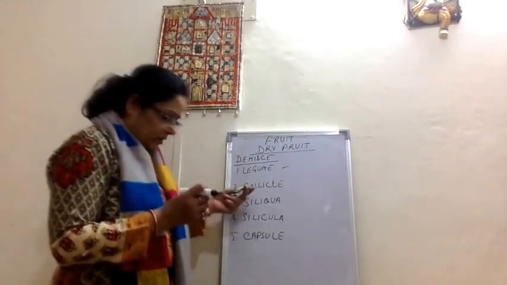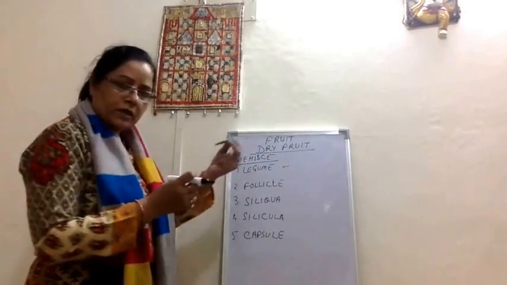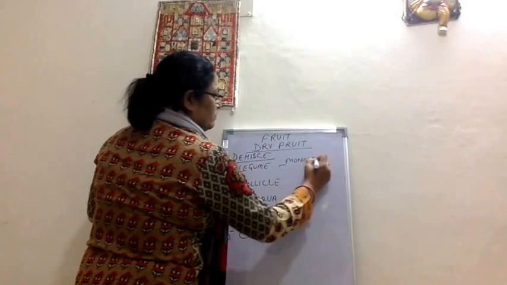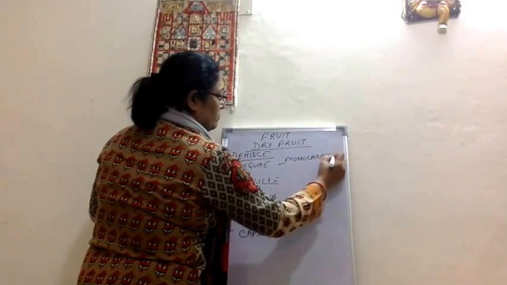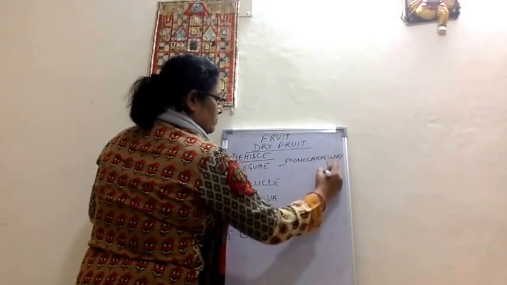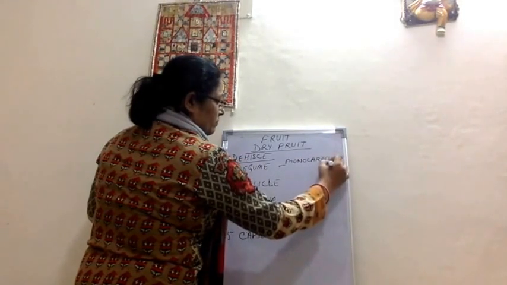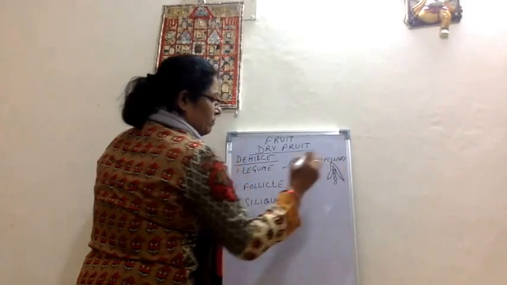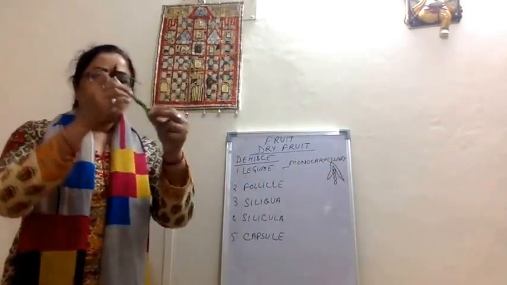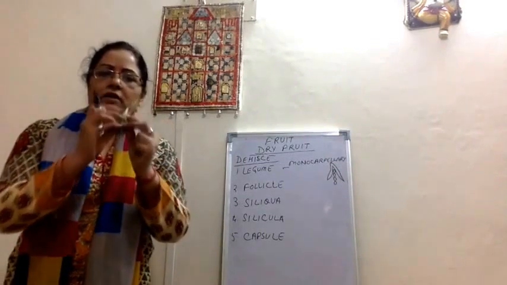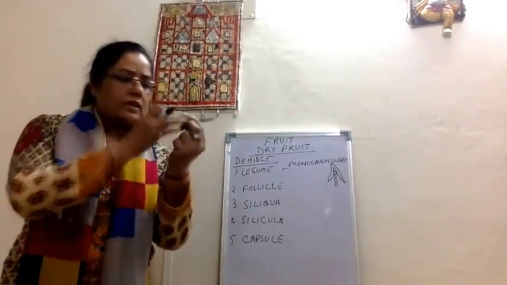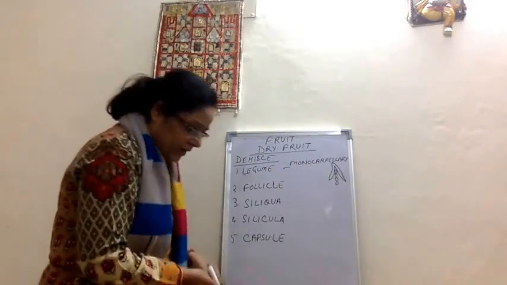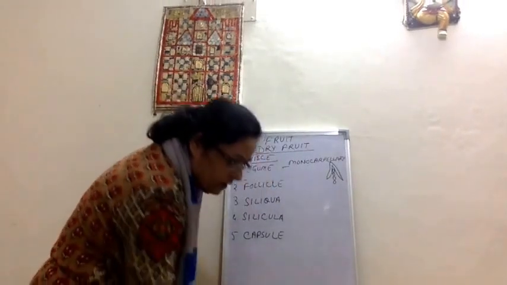The legume develops from a monocarpellary condition. They open like this, and there are seeds arranged along the margin. They are legume.